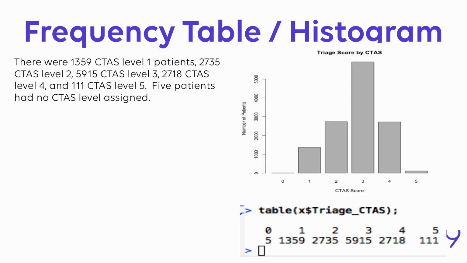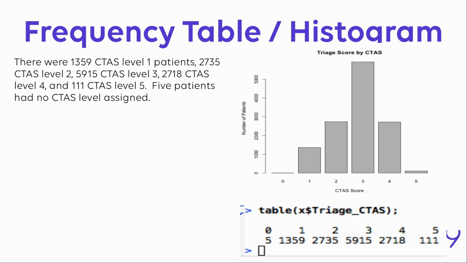So here we could describe it as this. There were 1,359 CTAS level 1 patients, 2,735 CTAS level 2 patients, 5,915 CTAS level 3 patients, 2,718 CTAS level 4 patients, and 111 CTAS level 5 patients.